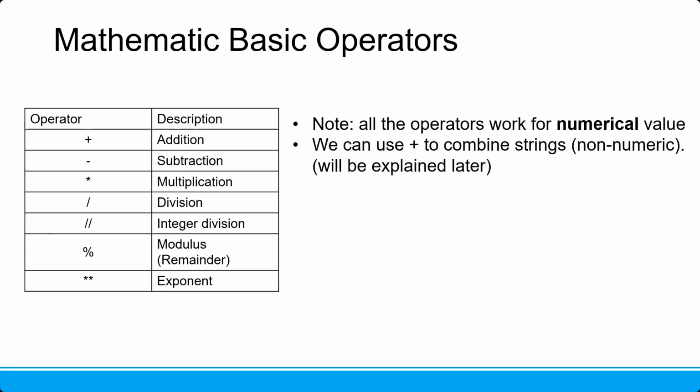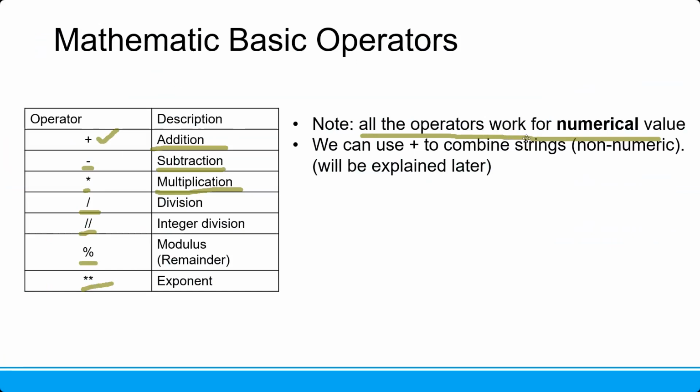In Python, we have the basic mathematical operators. Note that all of these operators work for numerical values. Plus means addition, minus is subtraction, multiply, division, integer division, modulus or remainder, and exponent.